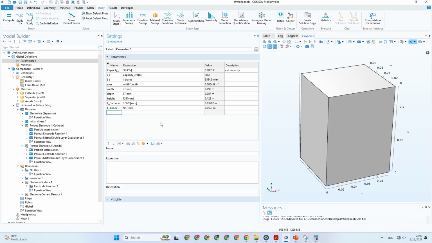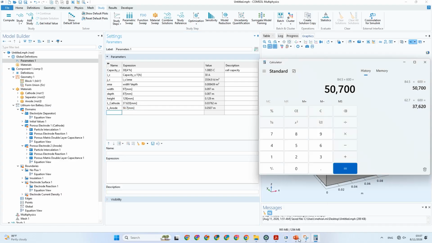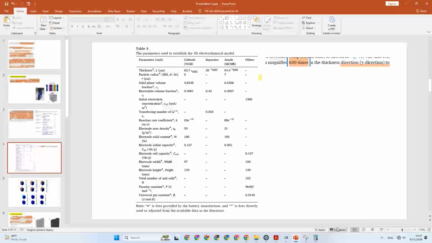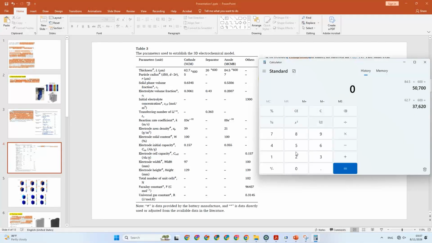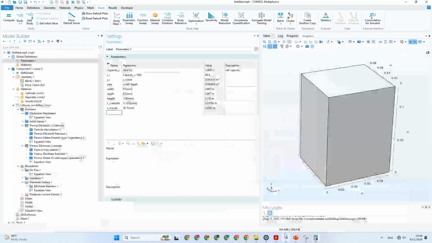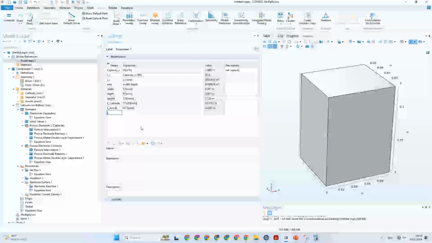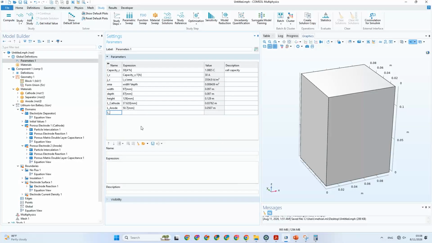Okay, and the last one is separator. It is 12. It's 12 millimeter.